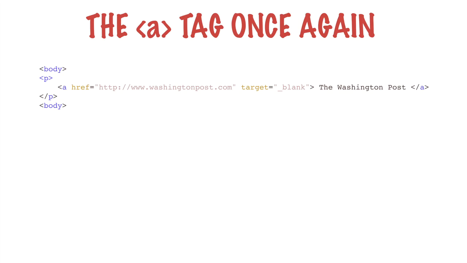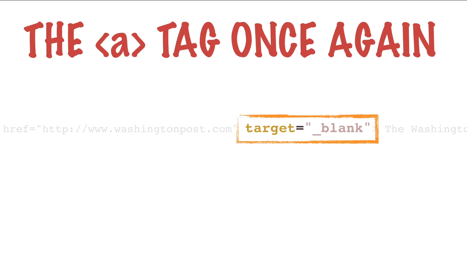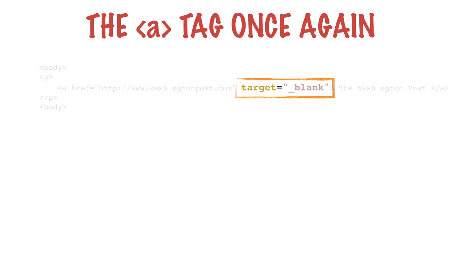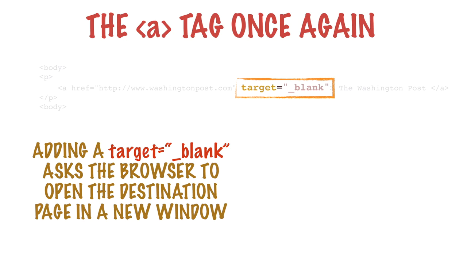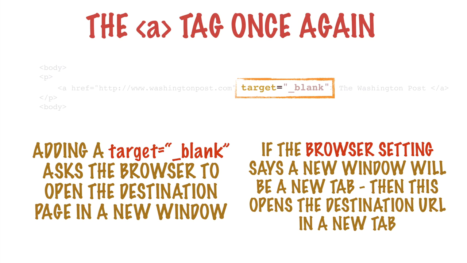Opening a link in a new window or a new tab is very easy using the element A. You simply tack on yet another attribute, and this is the target attribute where we specify target is equal to _blank. Any URL which is specified this way using target is equal to _blank will cause the browser to open the destination in a new window when the URL is clicked.